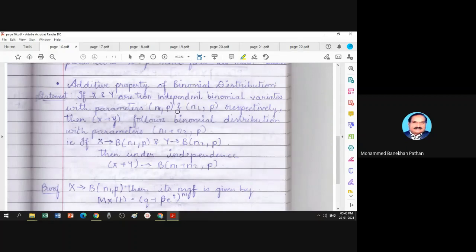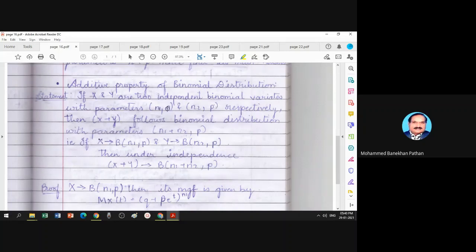Number of trials, number of repetitions may be same or may be different. But for additive property, the second parameter should be common, should be same.